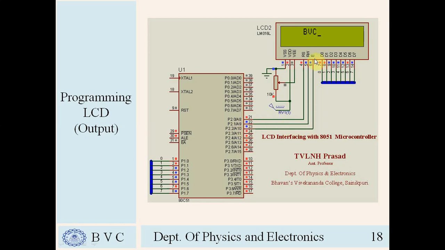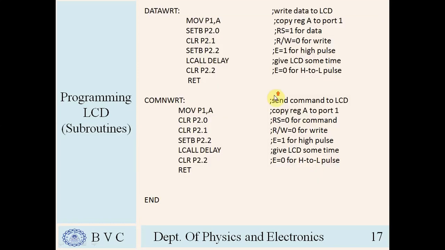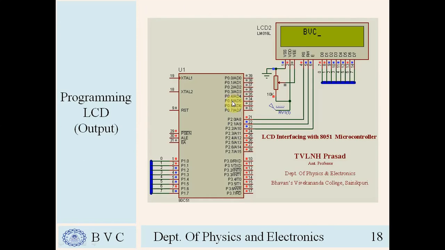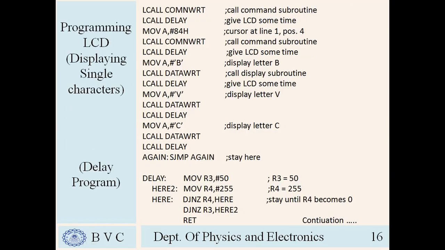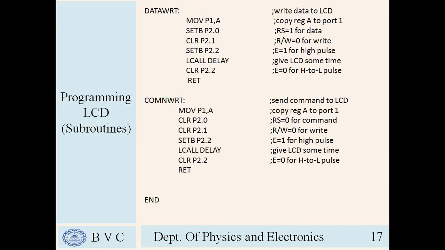So upon the execution of the above program, you will see BVC coming on the LCD screen. So in order to display some string like BVC, do we have to write such a lengthy program? No need. If you adopt another method, you can reduce the code complexity to a greater extent.